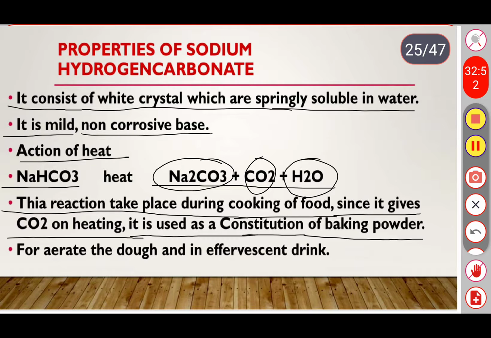So this sodium carbonate is used in the preparation of breads and cakes. The bubbles of the gas escaping leave behind pores, which increase the size of the cakes or breads and make them fluffy.